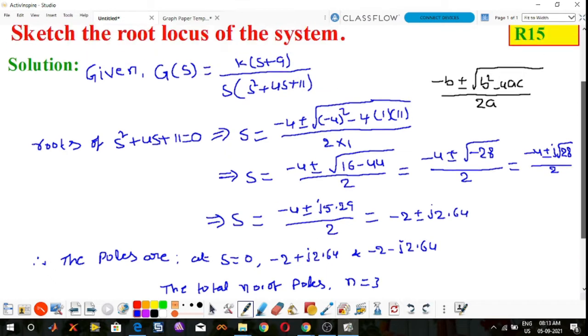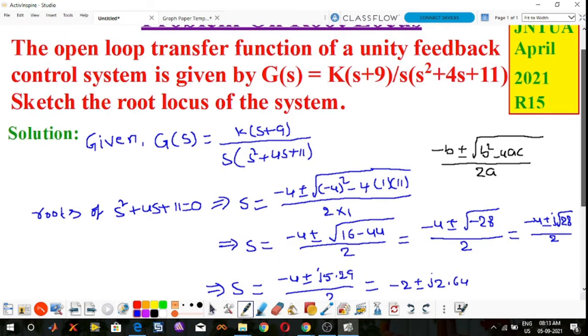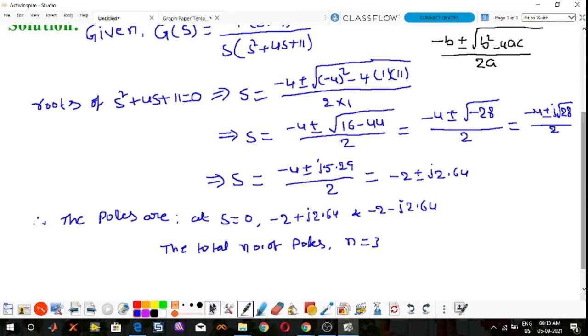Next, calculate the zeros of the open loop transfer function. The zero of the transfer function is at s = -9. The zeros of the given open loop transfer function G(s) are only at s = -9, only one zero.